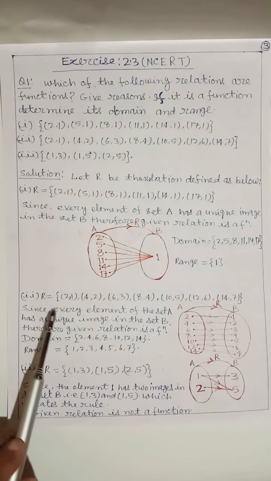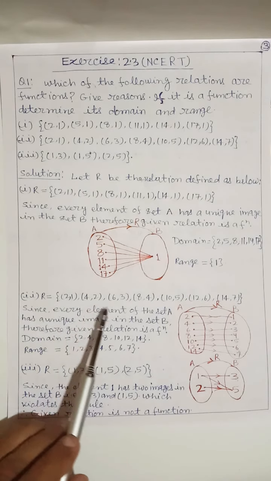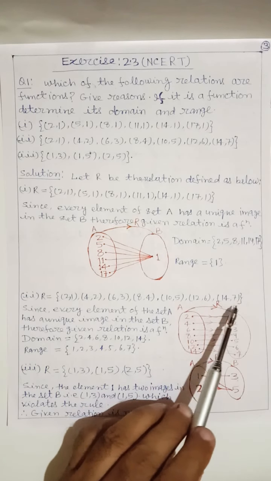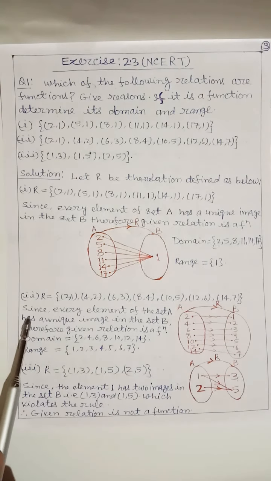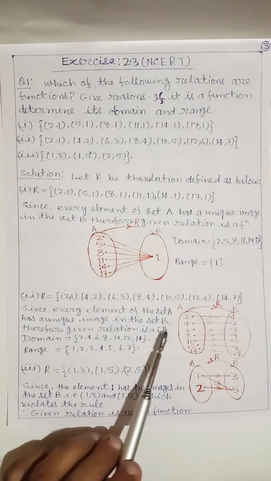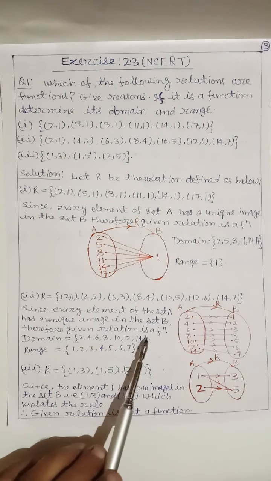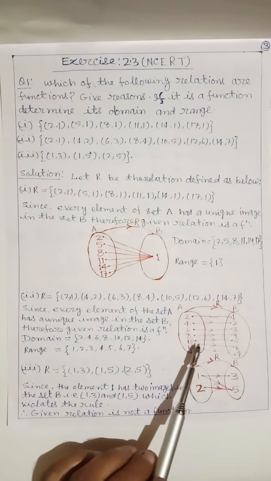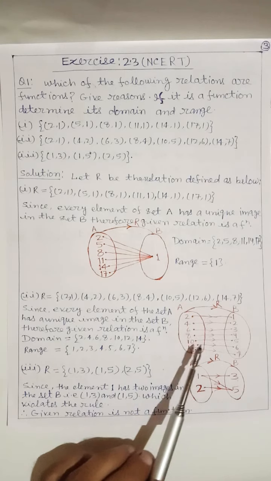Here R is equal to {(2,1), (4,2), (6,3), (8,4), (10,5), (12,6), (14,7)}. Here since every element of set A has a unique image in set B, therefore the given relation is a function, which we can see from the arrow diagram here.